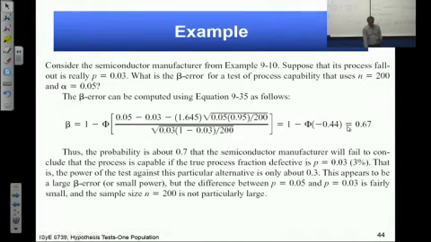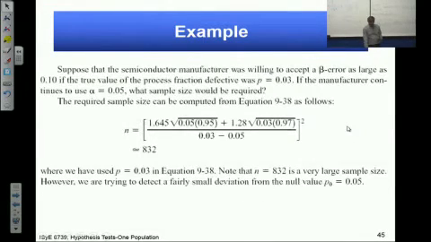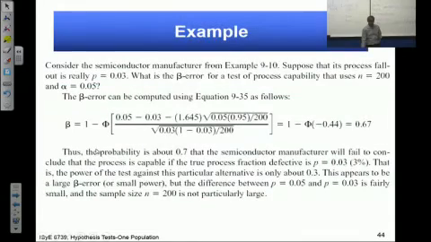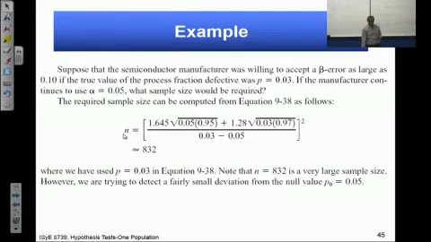So the question is, what if you want to increase your power? The next part says, what if you want to increase your power to 90%? So from 33% to 90%. Then you can use this equation to find the n which is required. In this case it is 832.